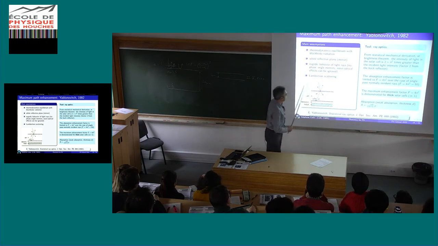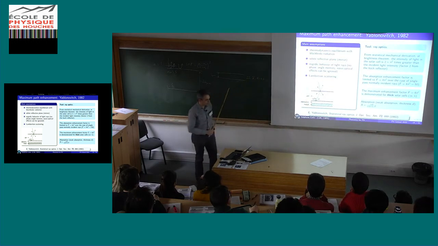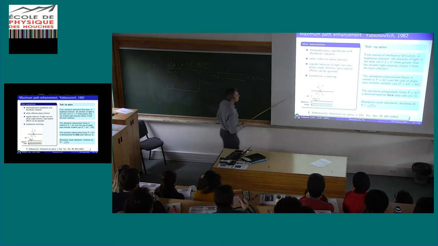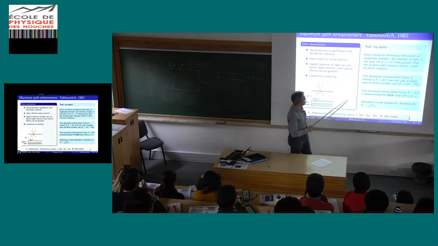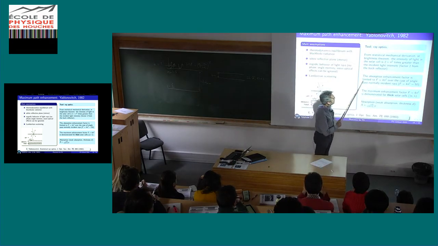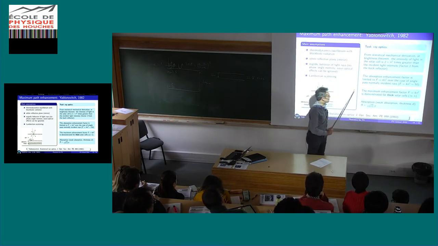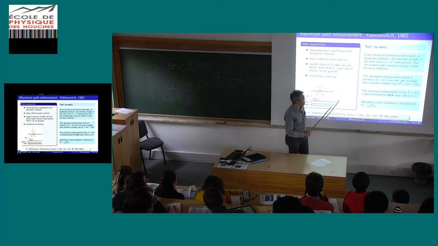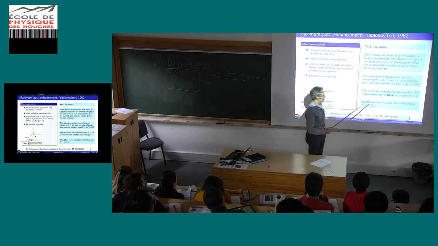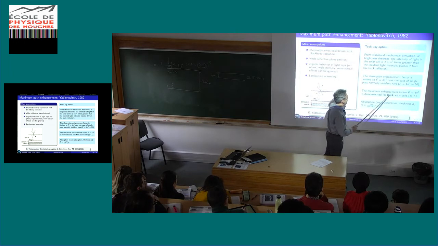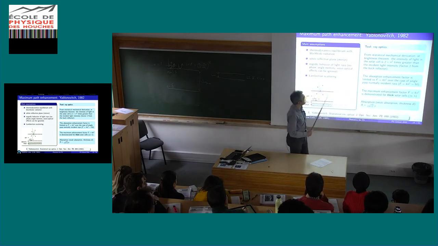He made the assumption that you have Lambertian scattering, and he derived a theory to show that the maximum absorption enhancement factor is 4n squared, as compared to single pass absorption, in the case of low absorption, if you have weak absorption, and for thick solar cells, because you are in the ray optics paradigm.